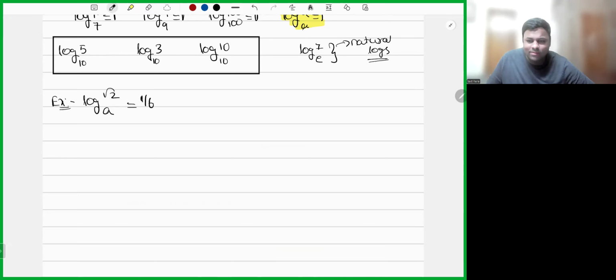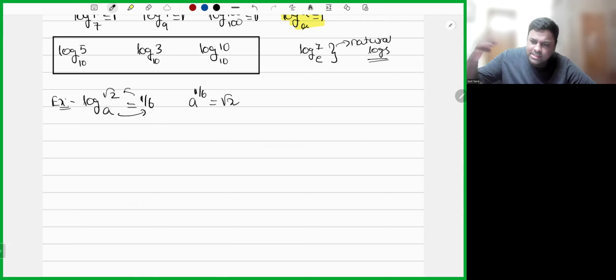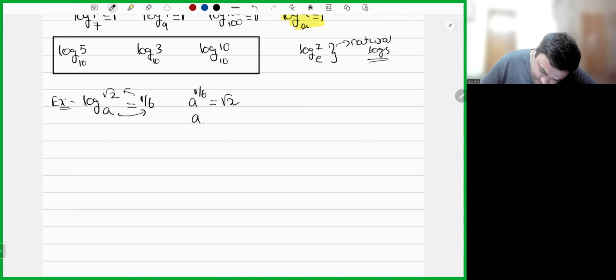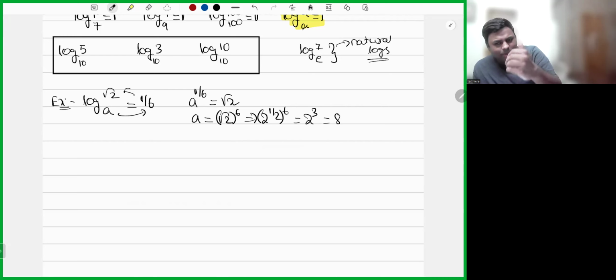I'm asking you what is the value of a. In this case, how will you do? You will use cross product. A power 1 by 6 is equals to root 2. I'll send 6 to the right side. A is equals to root 2 power 6. Root 2 can be written as 2 power 1 by 2 whole power 6. That is 2 cube. What is 2 cube, my dear friends? 8.